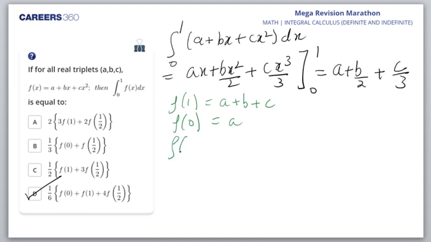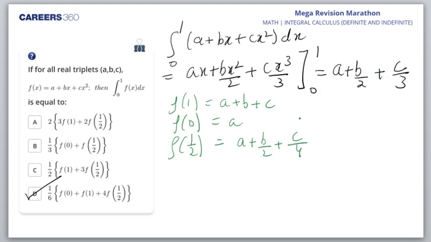And what is f half? Because these are the terms which are being used. So f half would be a plus b by 2 plus c by 4. Now to fix up these things and to get this result is comparatively difficult.